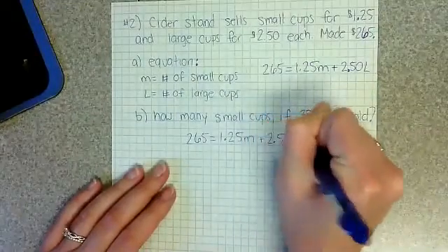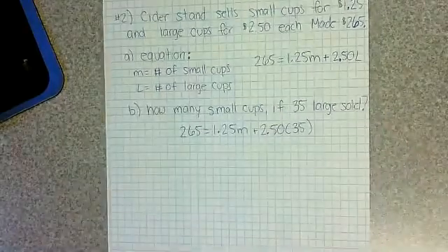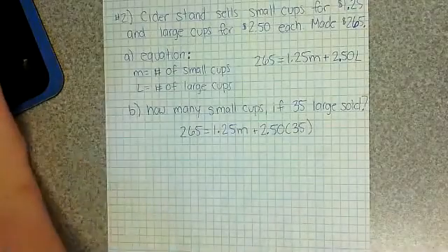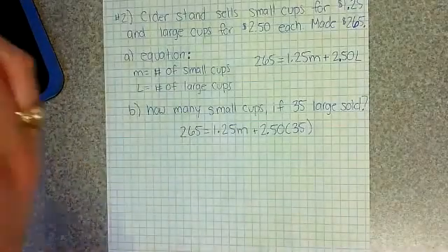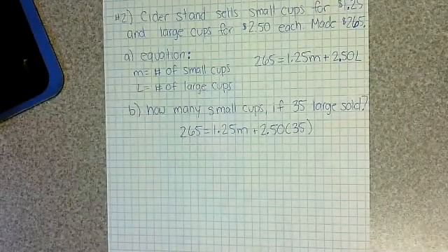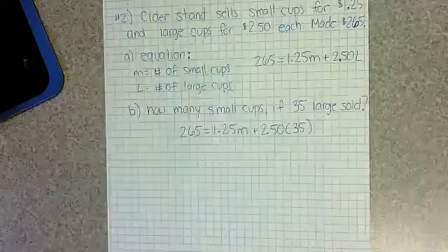Plus 250 times 35. I got that. Cool. So give me a reaction when you're ready for me to walk through how to simplify that if you're not simplifying on your own. I want to make sure I'm not going too fast for you guys.